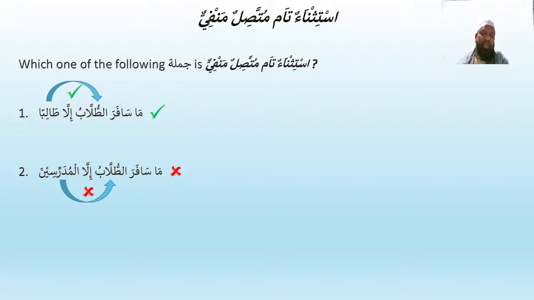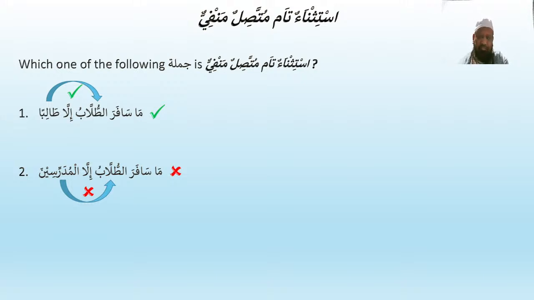If I say ishtaraitu, we have the ta at the end, tu. It is the fa'il. Ishtaraitu. Then I say al-kutuba. Ishtaraitu al-kutuba.